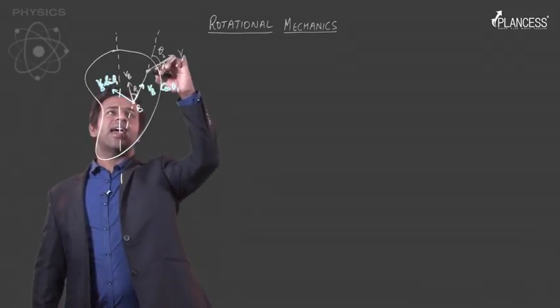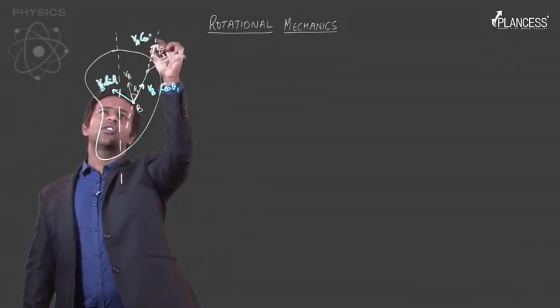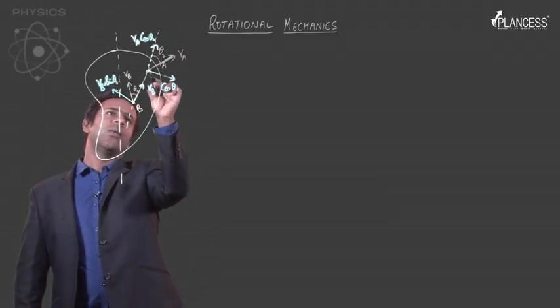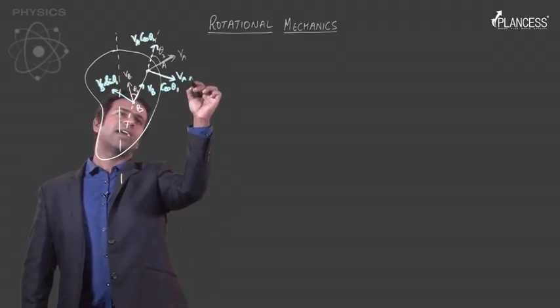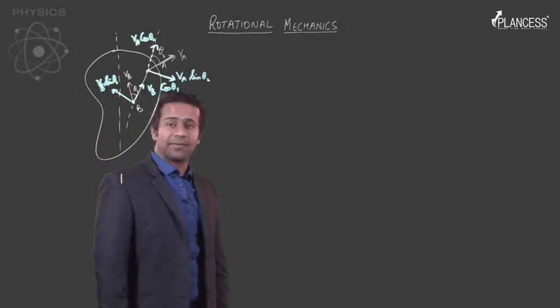Then VA can again be broken down into two components. One is VA cos theta 2, which is along this line, and then VA sine theta 2, which is perpendicular to this line, right?